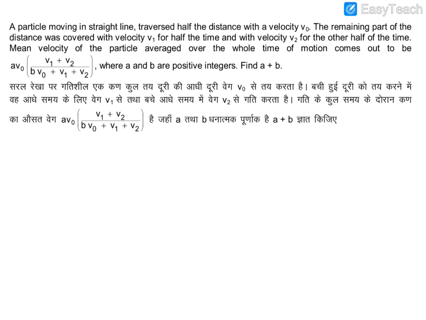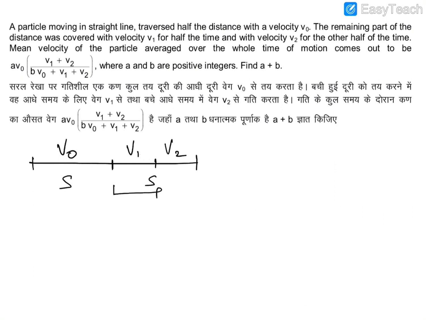So if the total distance it has to travel is 2s, let's suppose, then s distance is traveled by v0, and the remaining s distance is traveled in such a way that for the first half time it has traveled with v1, and for the remaining half time it has traveled with v2.